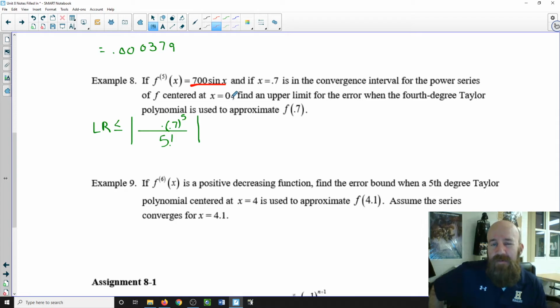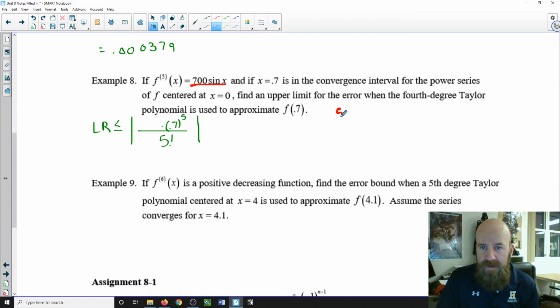So the maximum value for sine or cosine would be 1. So that's nice when we're using this idea of Lagrange remainder when we're talking about sines and cosines. It makes life a lot easier. You don't have to calculate anything. We just have to think about sines and cosines having a maximum of 1.